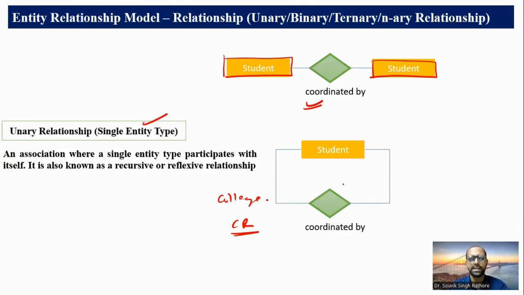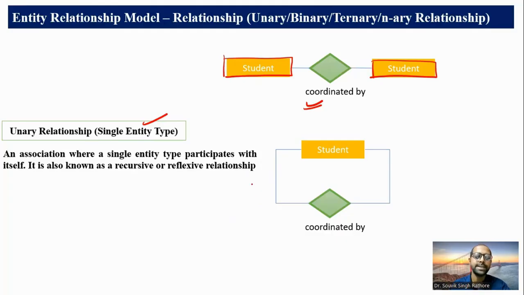It is not required. Both belong to the same student entity type only. Another common example is employee supervises employee or employee manages employee. Here both sides belong to the employee entity type only, but one employee plays the role of a supervisor and another employee plays the role of a subordinate.